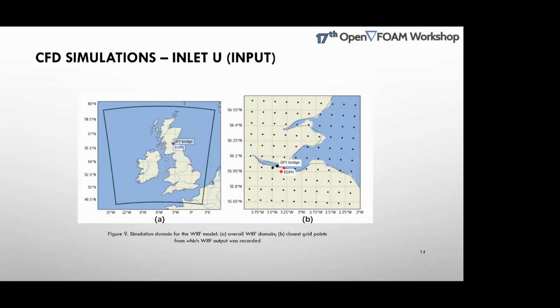So in figure B, you can see the location of the Queensferry Crossing bridges, and also the red star points out the Edinburgh airport location, because that's the nearest weather forecast station for this model to use to validate, to prove that this model is accurate.